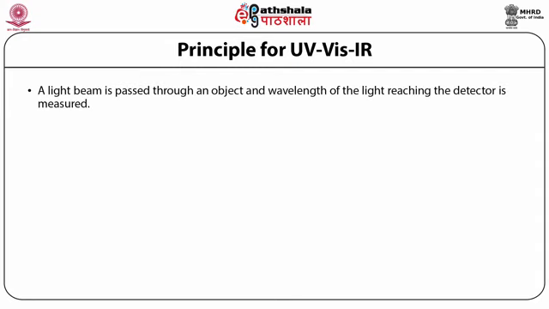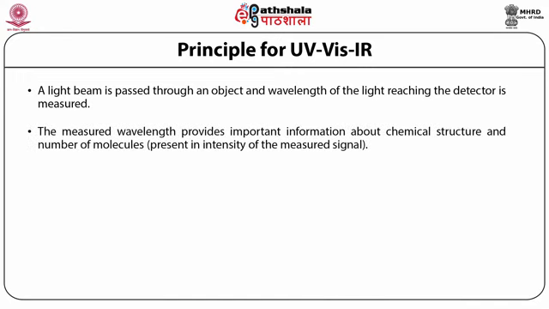When a light beam is passed through an object, the wavelength of the light reaching the detector is measured. The measured wavelength provides important information about the chemical structure and the number of molecules present, in the intensity of the measured signal.